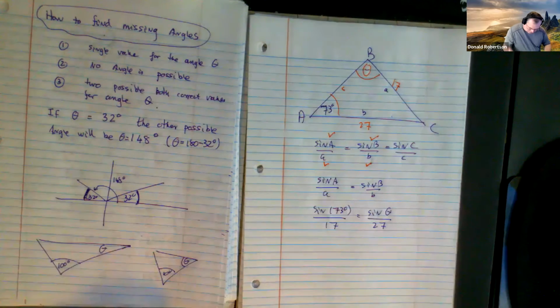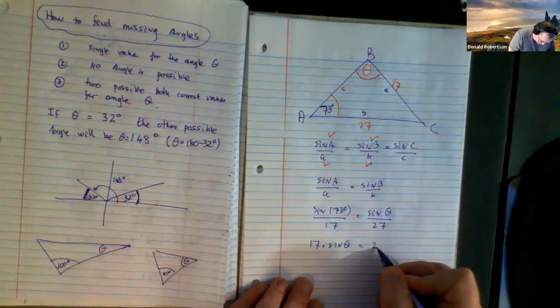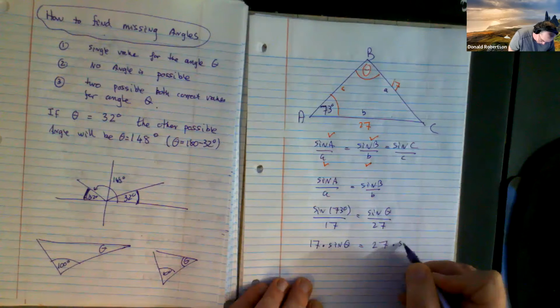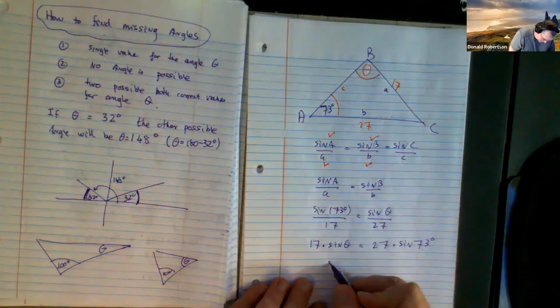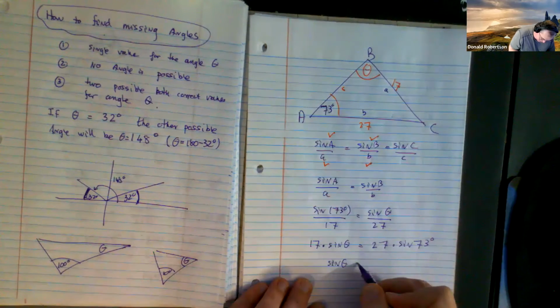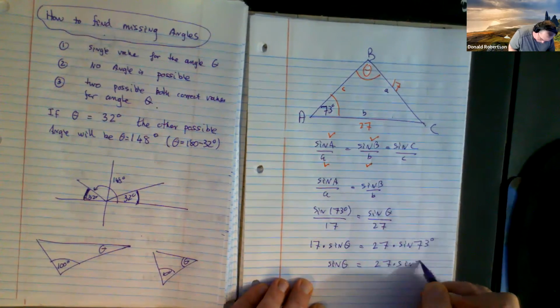And just like before, isn't it going to be a cross multiply thing? So 17 times sine of theta is 27 times the sine of 73 degrees. And then the sine of theta is what you get when you divide both sides by 17.